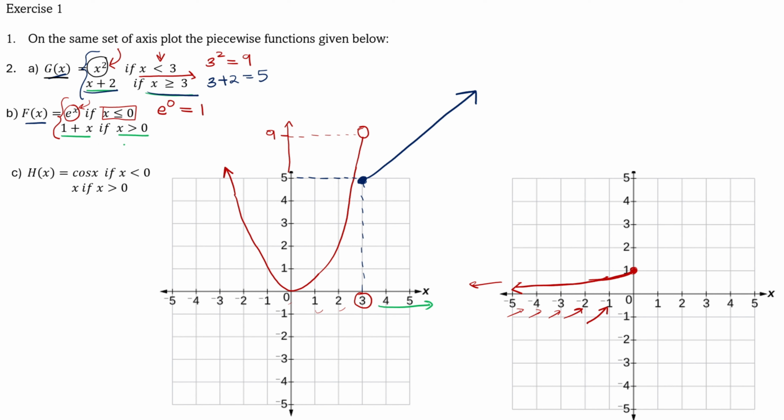For all the values that are greater than 0, we are considering values such as 1, 2, 3, 4, 5, 0.5, 0.9, all of those are greater than 0. So we are going to start at 0 itself. We substitute 0 for x. We get 1 plus 0, and 1 plus 0 is just 1. So this function will also start at 1.